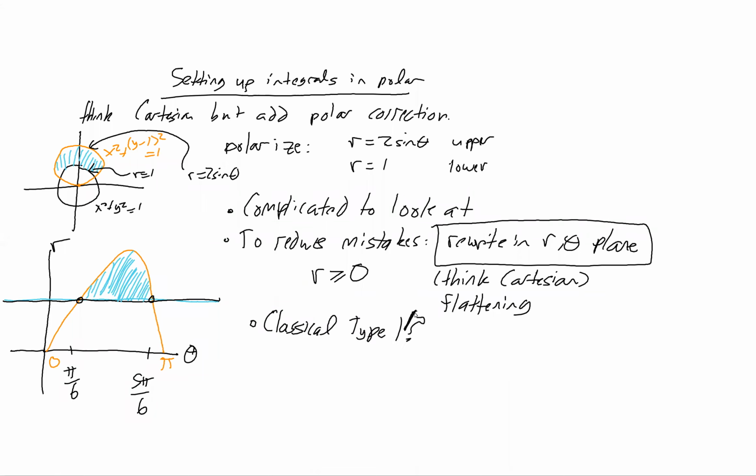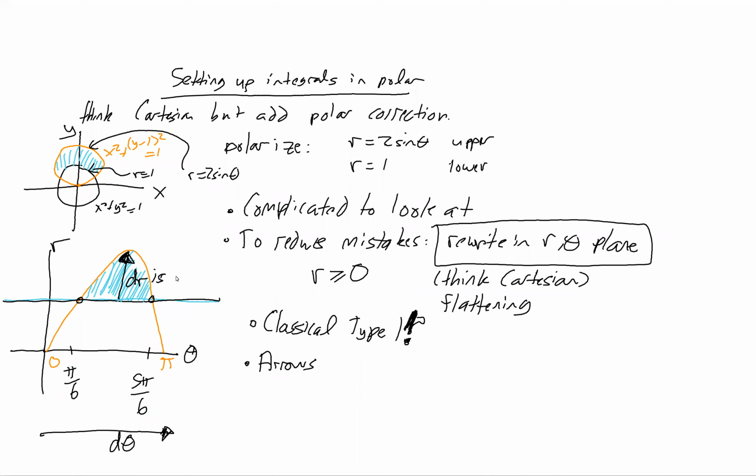So it's actually not that complicated. It just looks complicated in the polar setting where we were plotting in the Cartesian plane. If we plot in polar coordinates, everything looks pretty decent. So it's classical type 1. So we're going to put the arrows just to keep our integration order straight. So our first arrow will be dr, and our second arrow will be d theta.